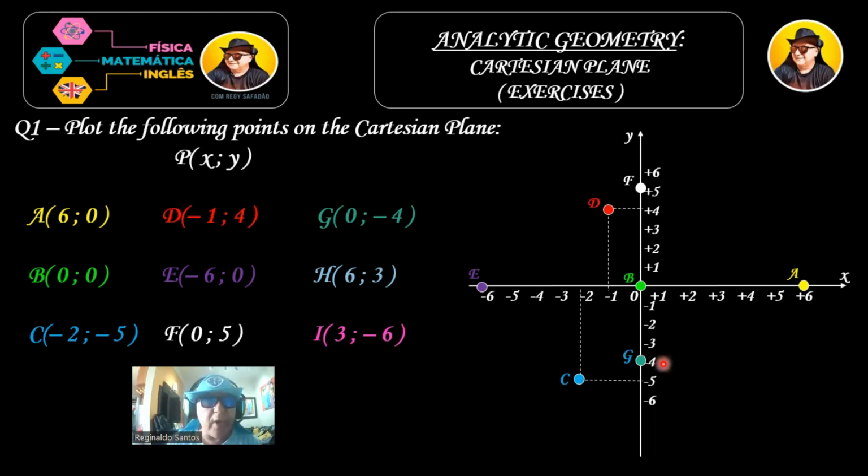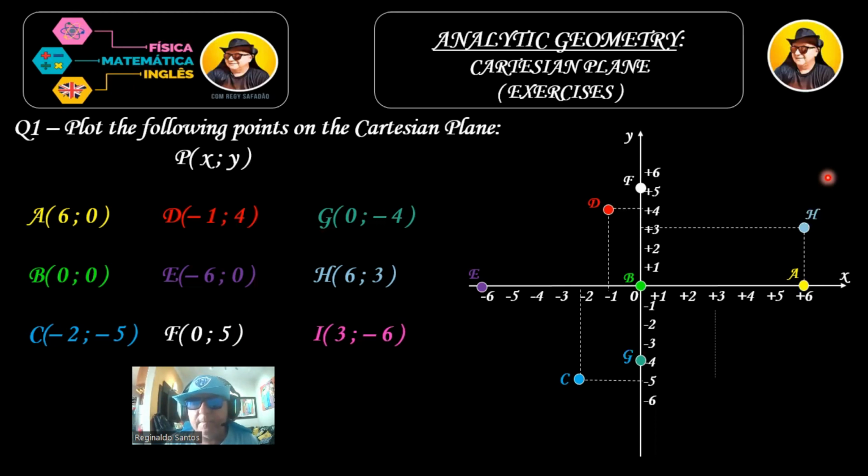Point H. Well, x is 6 and y is 3. So it's going to be right here. 6 for x and 3 for y. It's going to be plotted right there. Can you see? That is point H. Okay, let's see the last one, point I. Well, that is 3 for x and negative 6 for y.